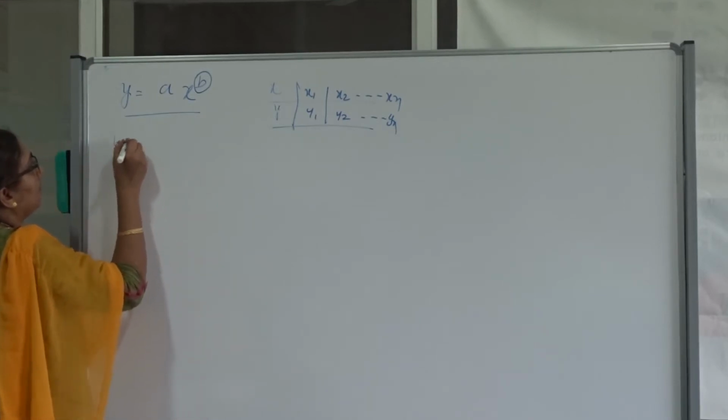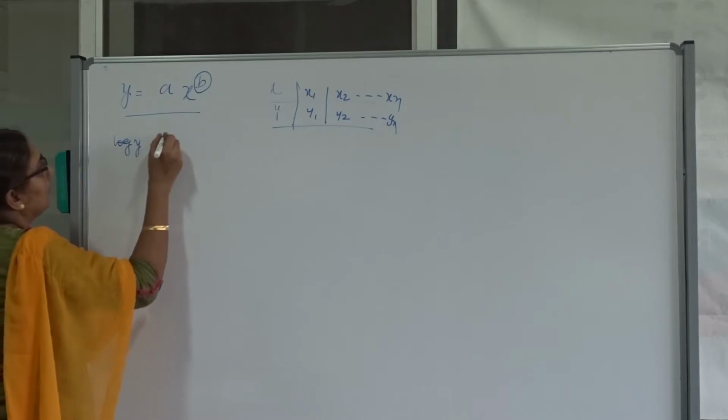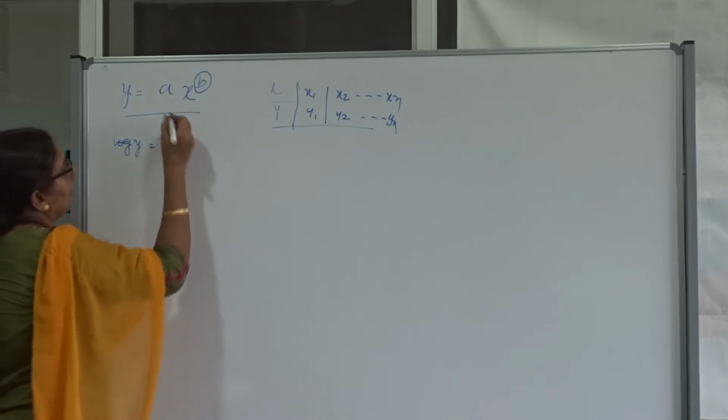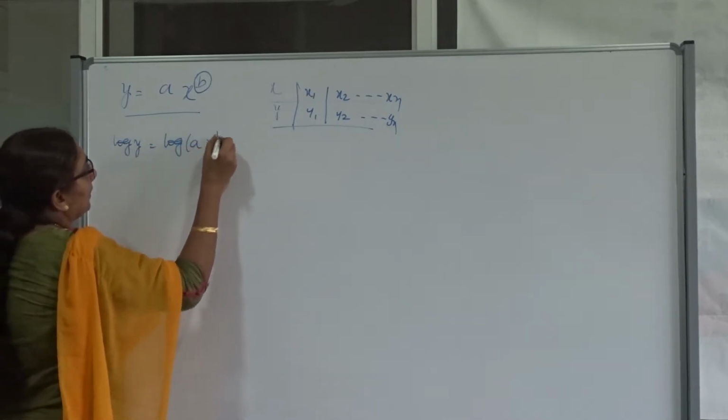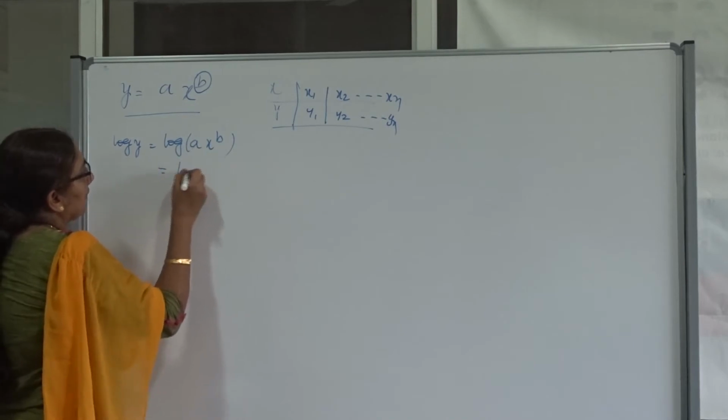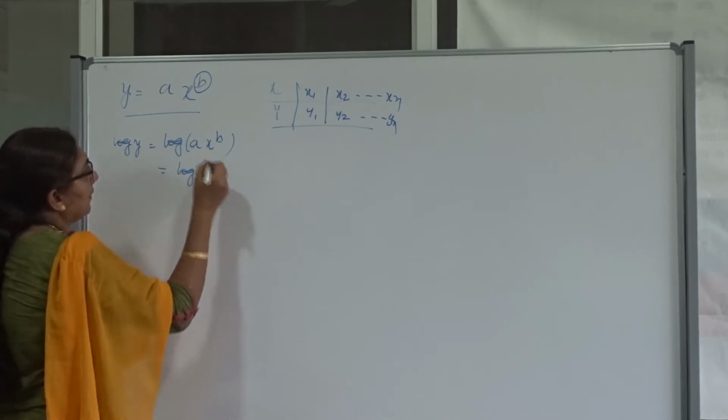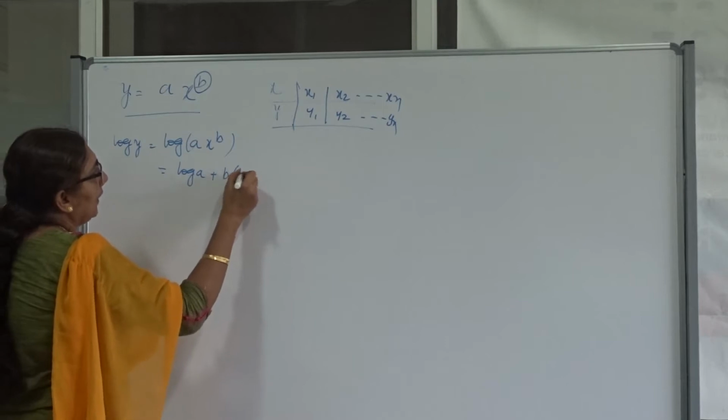If I take log on both sides, log y must be equal to log of a into x power of b. Log of a b is nothing but log a plus log of x power of b, which is b into log x.